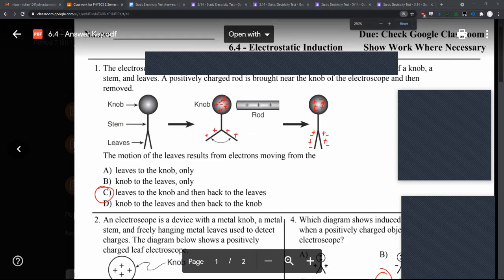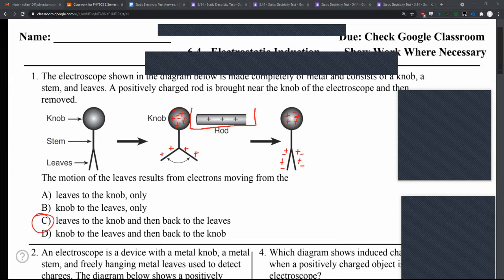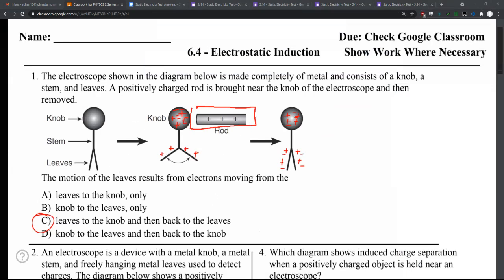Question 1 on homework 6.4 said that they brought a positively charged rod near the electroscope. The question on your test, though, I changed from a positively charged rod to a negatively charged rod. And that is the only thing I changed. Because I changed it to a negatively charged rod, it would be answer choice D.